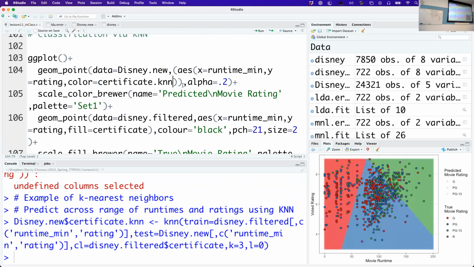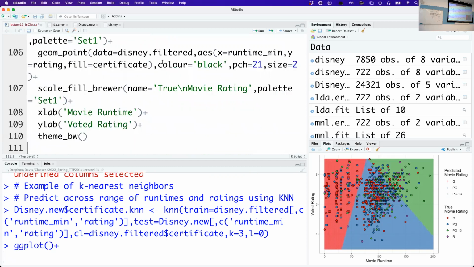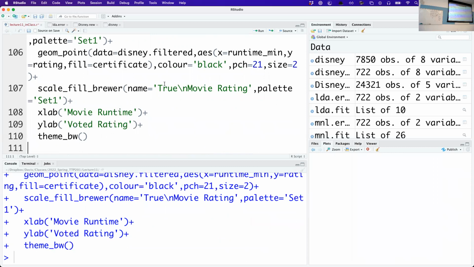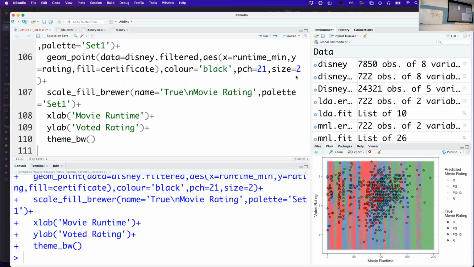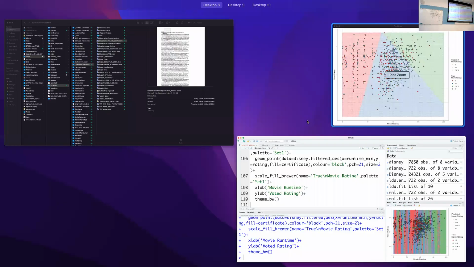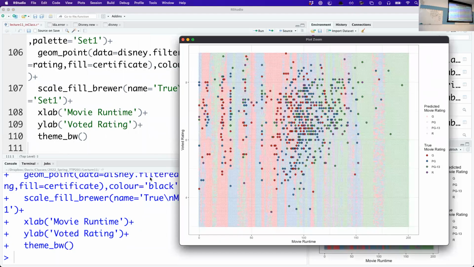Now let's take a look at what the KNN one looks like. What do you guys think? Is it going to be pretty similar? Whoa, that is pretty different, right?